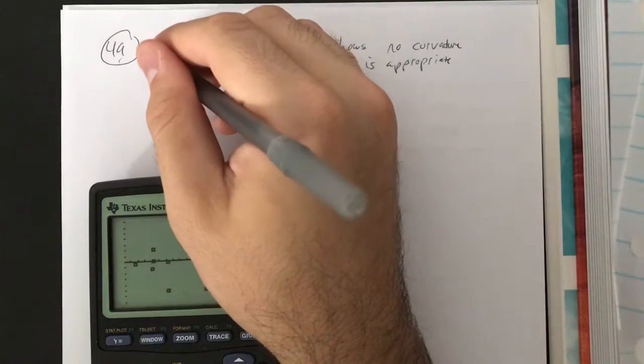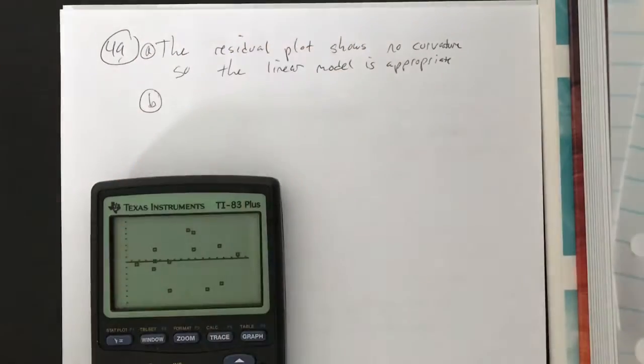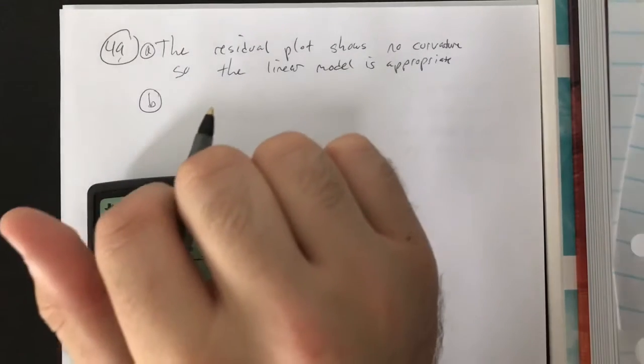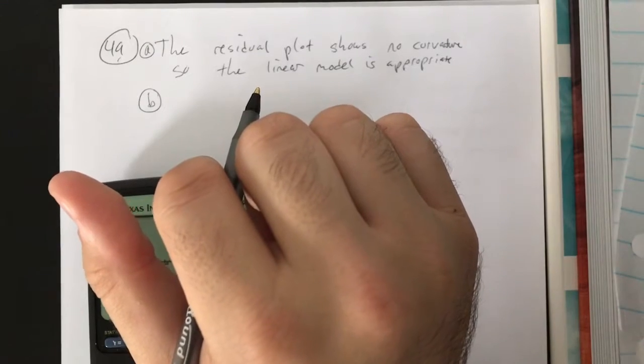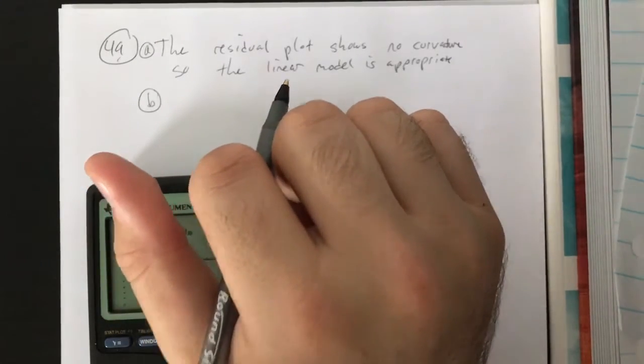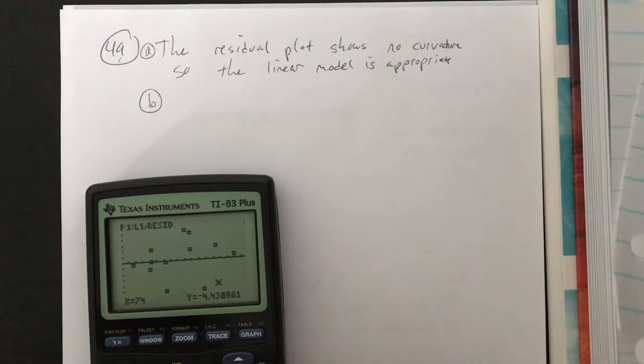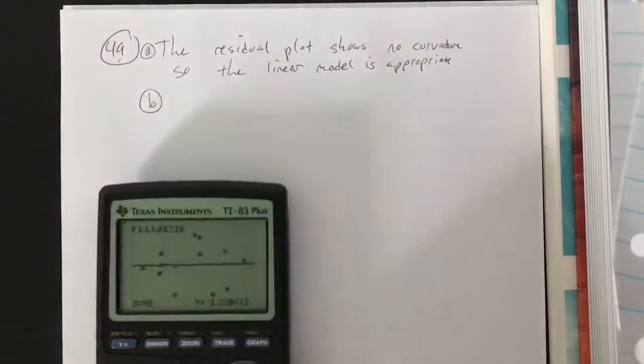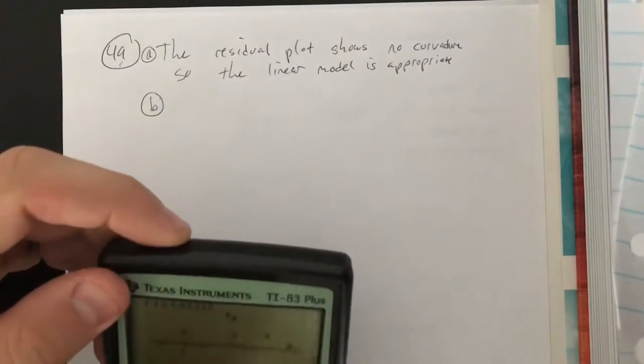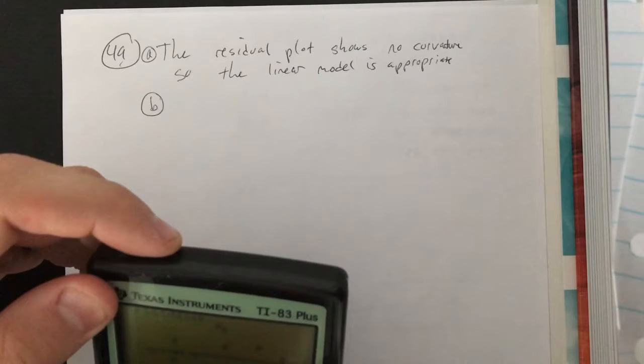And point A, that's part A. Part B says, which point has the largest residual? Explain what this residual means in context. So, if you're looking at the largest residual, probably go to trace. If we're looking at this graph correctly, the largest residual is most likely this point right here.